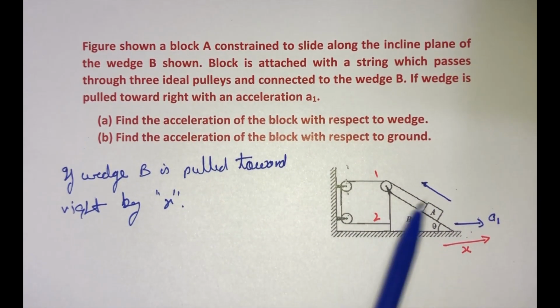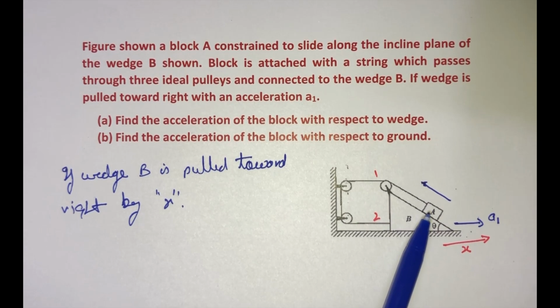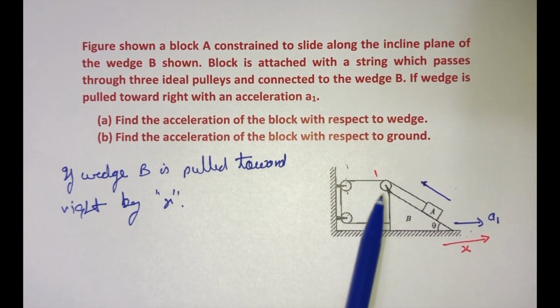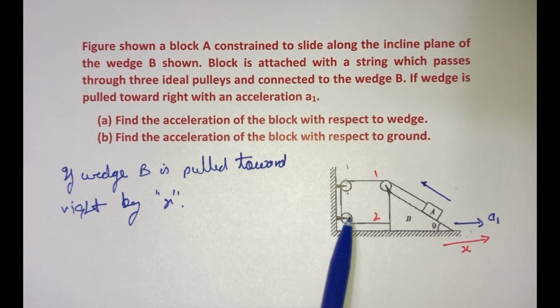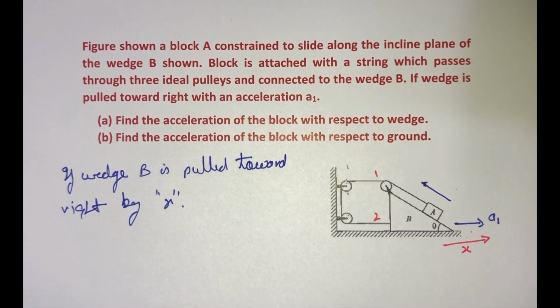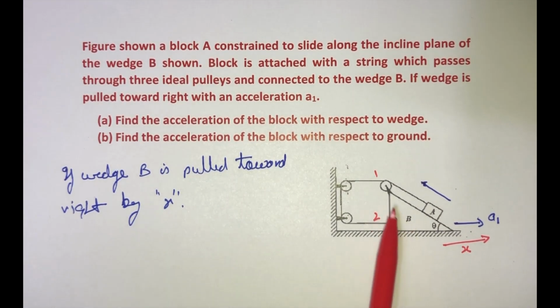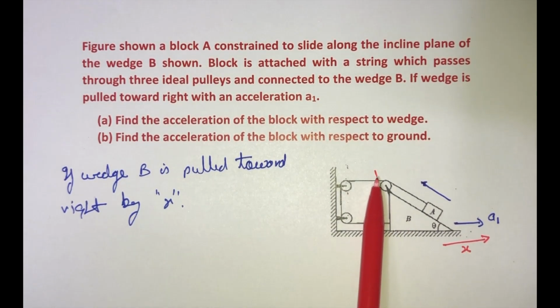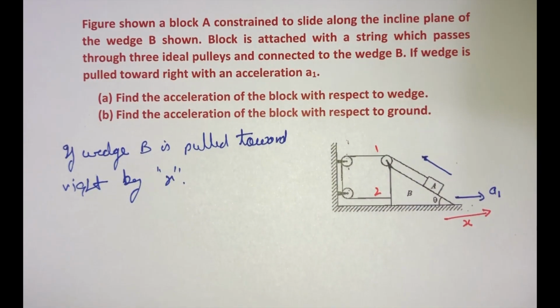Block A is connected with wedge B using these 3 pulleys, so the movement of wedge B will introduce some slack in strings 1 and 2.